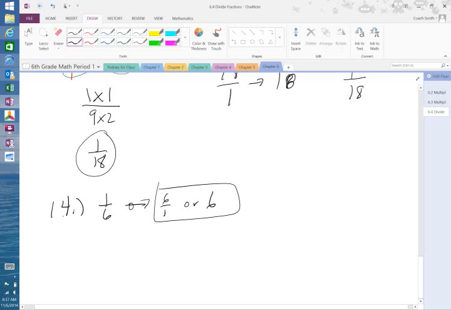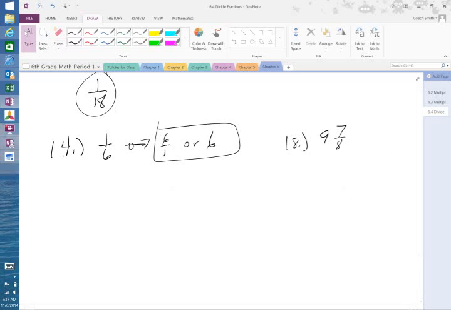Like I said, today we're not going to be really dealing with any mixed numbers. Oh, yes, we do, actually. Number 18 says 9 and 7 over 8. So I have to change that to an improper fraction.